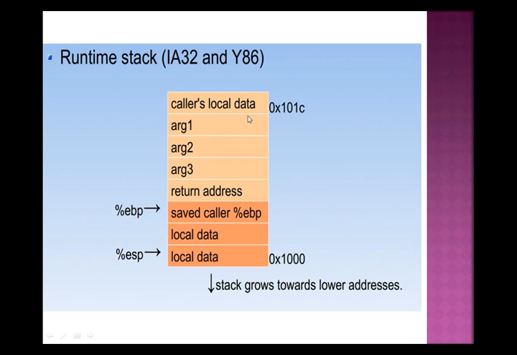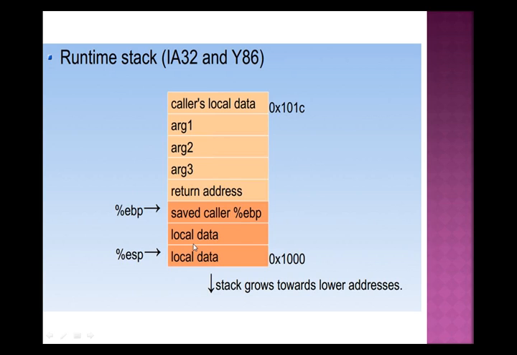This is the caller's local data, argument 1, argument 2, argument 3, return address. These are the items stored in the stack, which is based on LIFO, that is last in, first out. Then next is %ebp, that is the saved caller %ebp.